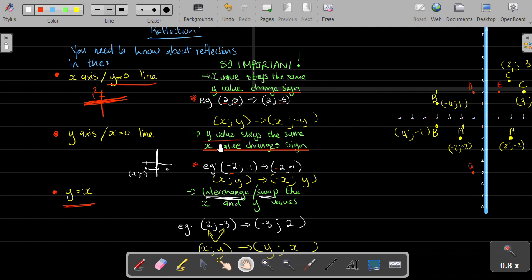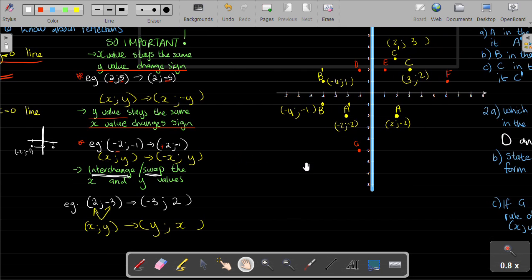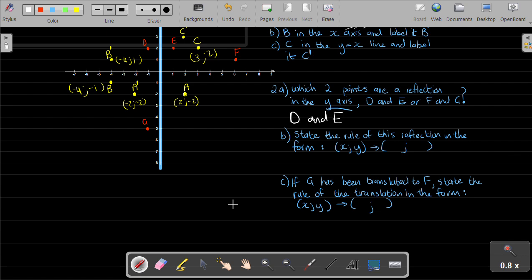So what happens in the y-axis? I wrote the rule here. (x, y) becomes (-x, y). So let's just write that in. So your answer would be like this, it becomes (-x, y).